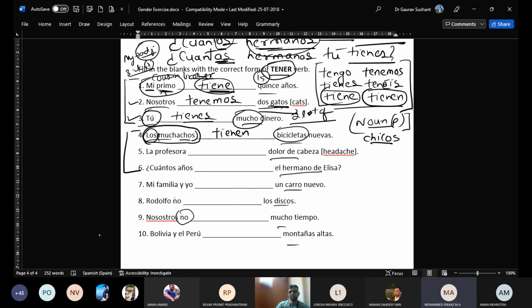Just guess it. What could it be? Bicicletas. English word closer to. No idea? No, sir. Bicycle. Okay, bicycle, and this is nuevas, new, so it is like boys have new bicycles. That's what it is telling you.